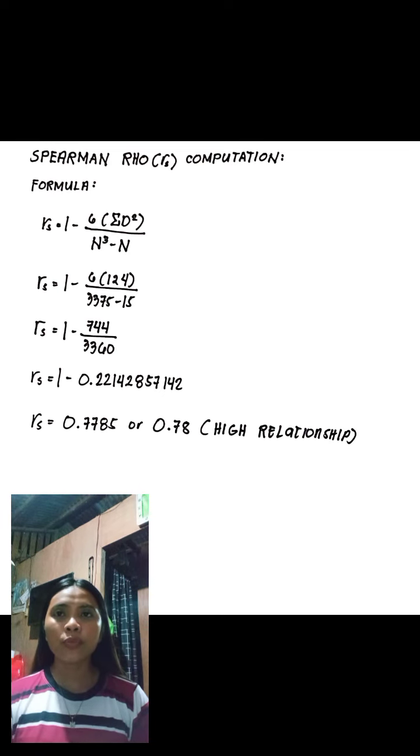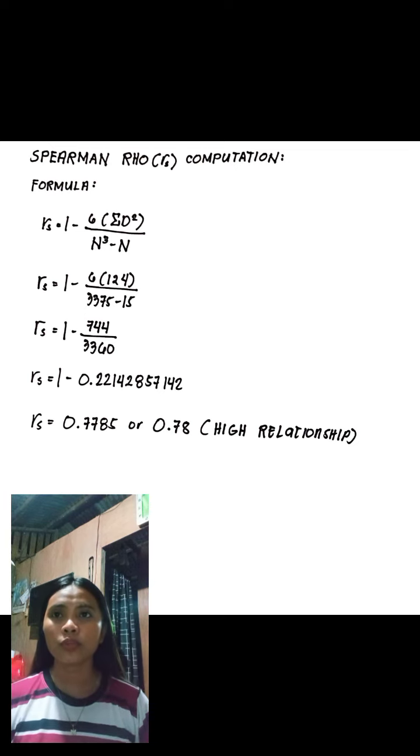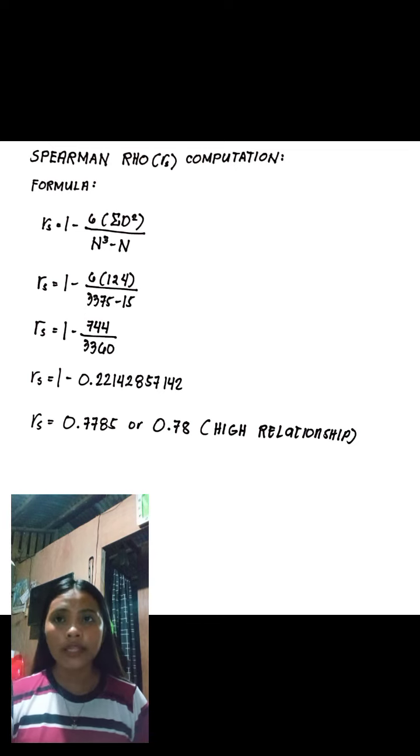So for the given, we have the summation of d squared equal to 124, and for our n, we have 15. In this case, you are going to distribute the given into the formula. Spearman rho is equal to 1 minus 6 multiplied by 124 over 15 cubed minus 15.